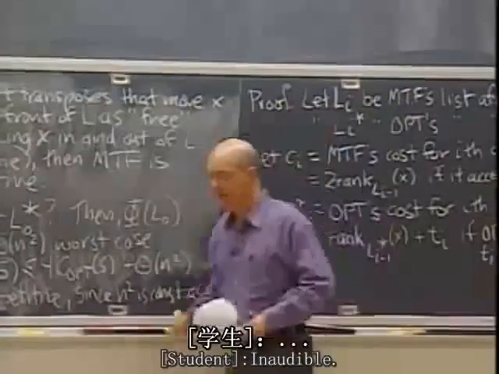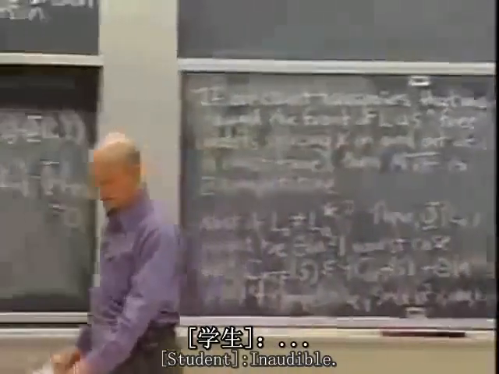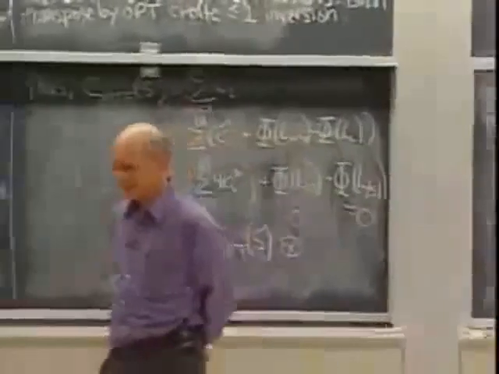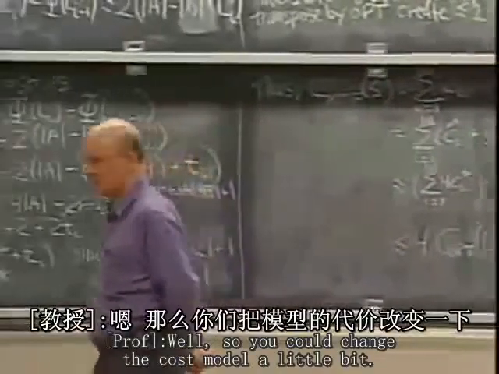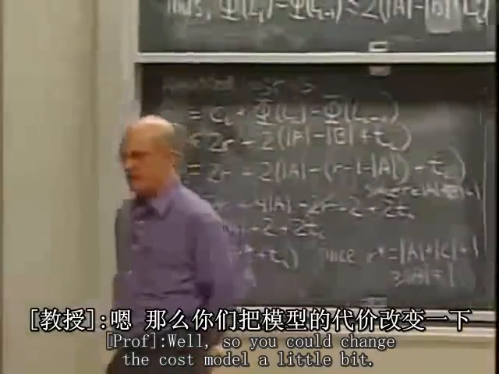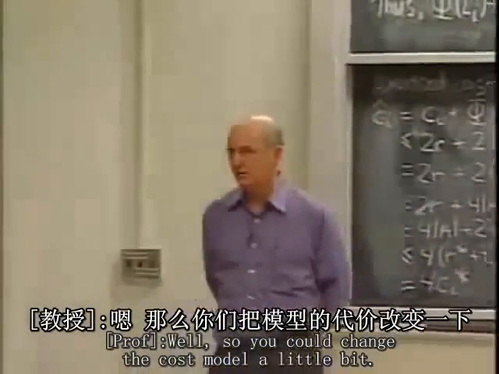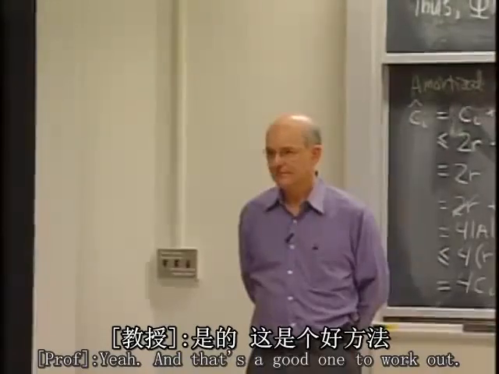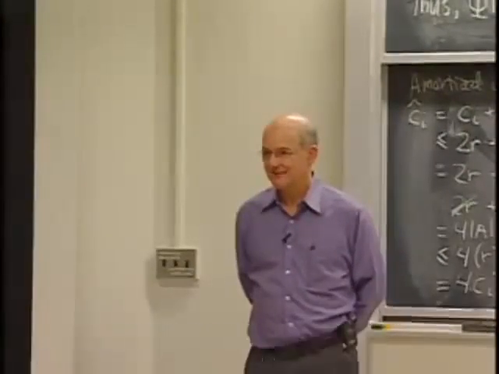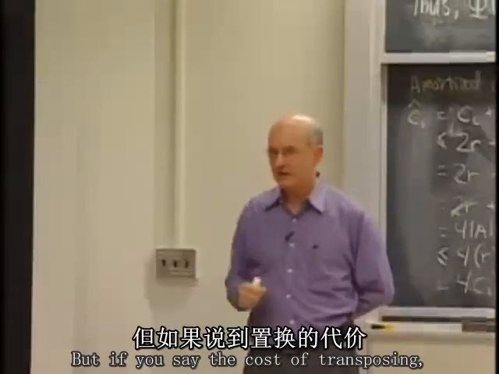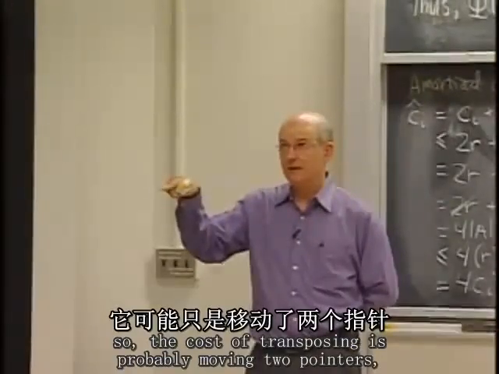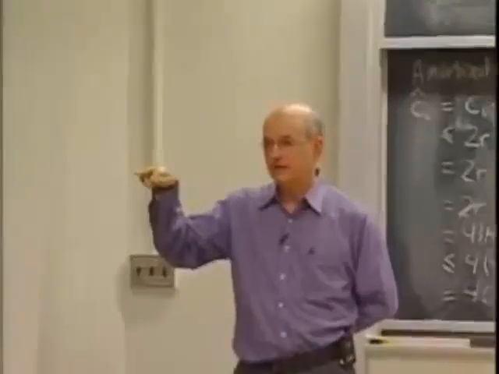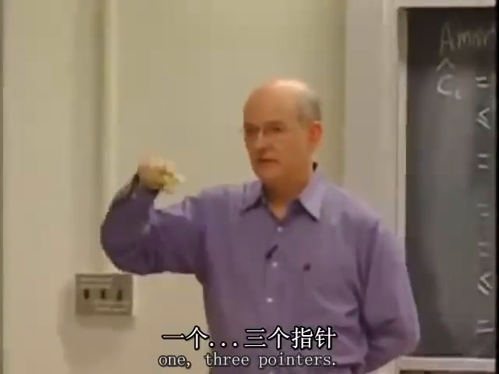Yeah. How can you say that it takes exactly as long to convert an element to a list as it does to access it? Well, you could change the cost model a little bit. Yep, and that's a good one to work out. What if you say the cost of transposing is probably moving 2 pointers, approximately 3 pointers?